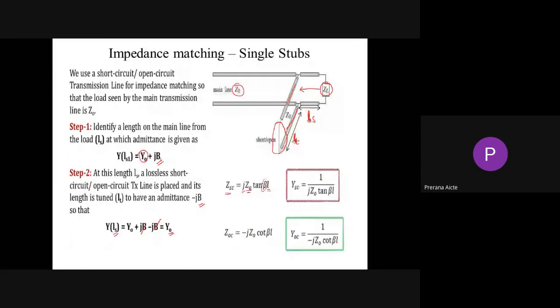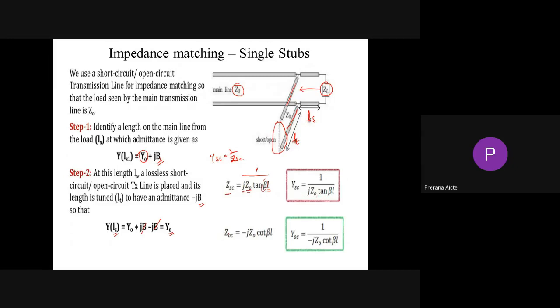Then the corresponding short circuit admittance YSC is 1 divided by the impedance, because admittance is the reciprocal of impedance. Therefore, YSC equals 1 by j Z naught tan beta L.